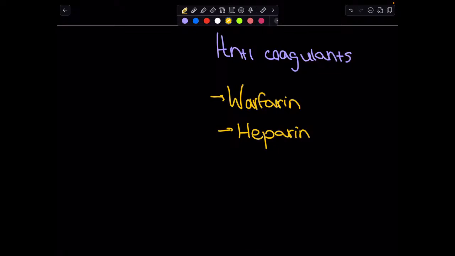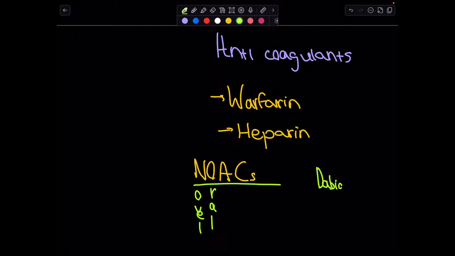Yeah. What about NOACs? NOACs, or novel oral anticoagulants, include drugs like apixaban, rivaroxaban, and dabigatran. They directly inhibit specific clotting factors, like factor 10A or thrombin, offering a more predictable effect than warfarin.